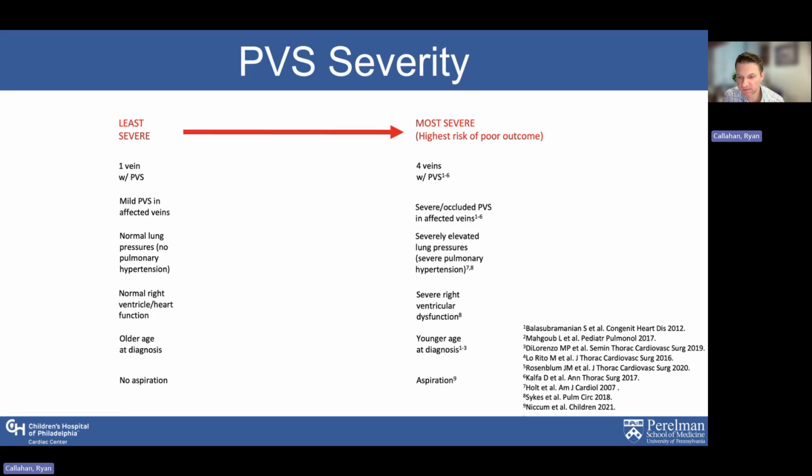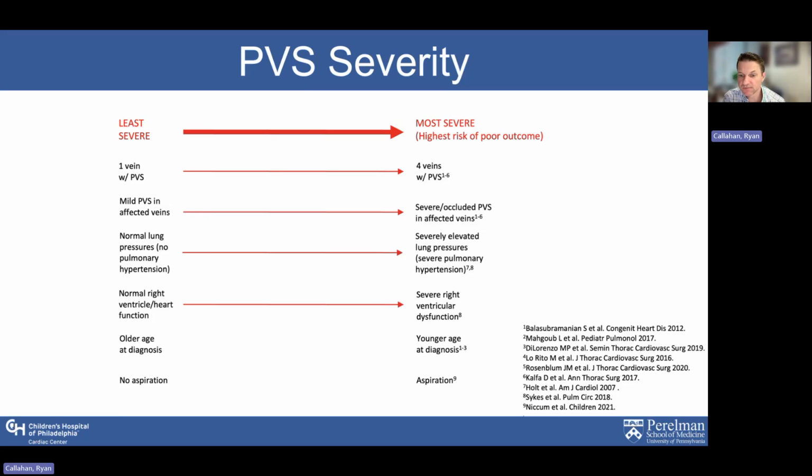Based on previous literature, we know that the more veins that are involved, the worse the patient can do. The more disease within each vein, the higher the pulmonary artery pressures, the more severe the pulmonary retention, the presence of right ventricular dysfunction, if you're diagnosed less than 6 months of age, or if you're aspirating. So those are the highest risk patients. We have survivors in all these subtypes, but these are risk factors for poor outcomes.